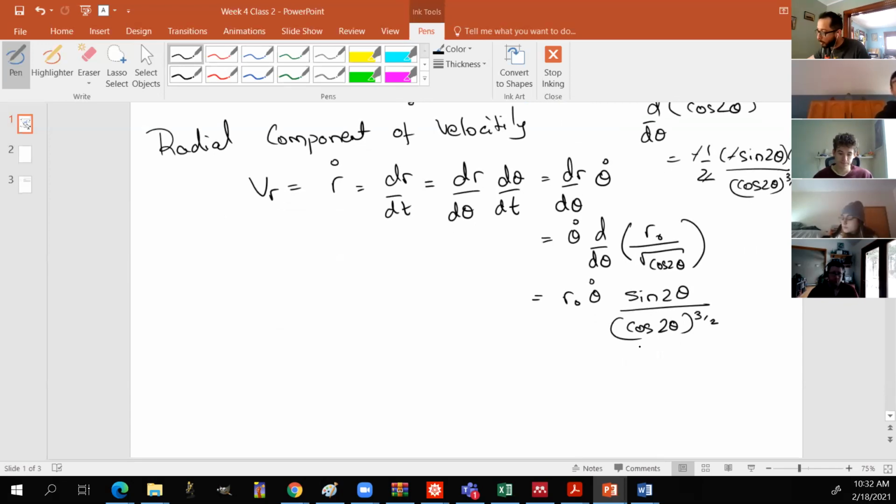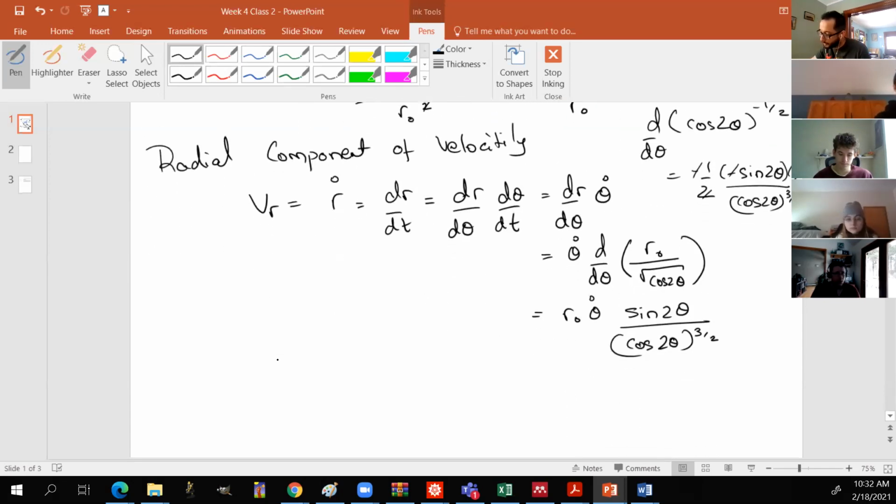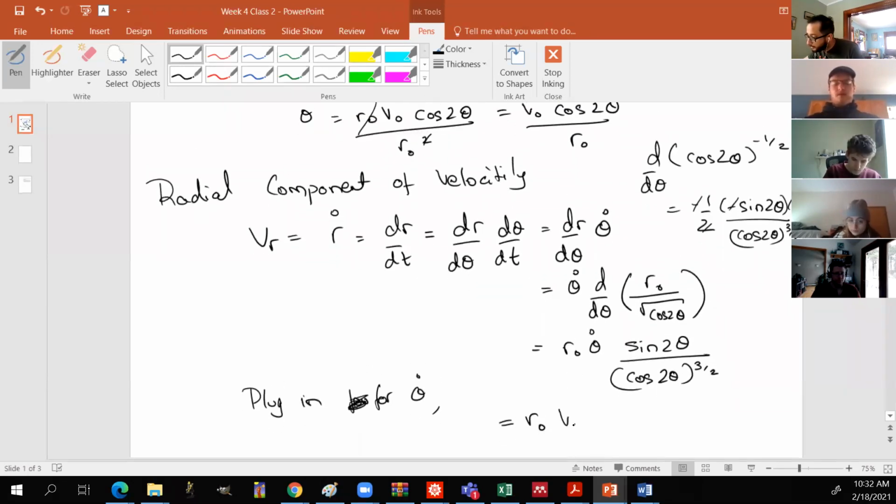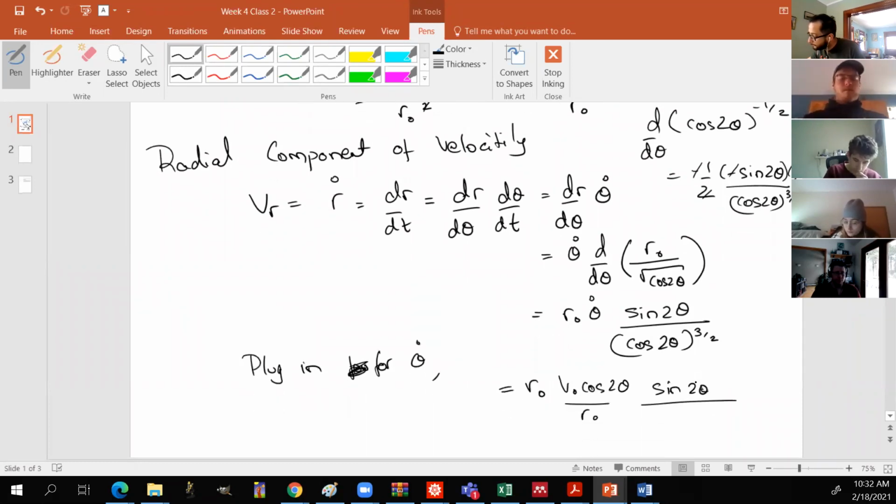And then we plug in for what we found for theta dot, right? So you end up with this expression being equal to r naught times, what did we find? v naught cosine 2 theta divided by r naught, times sine 2 theta divided by cosine 2 theta to the power of 3/2, like that, right?